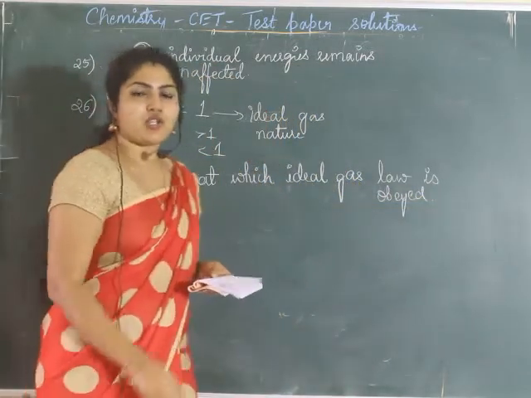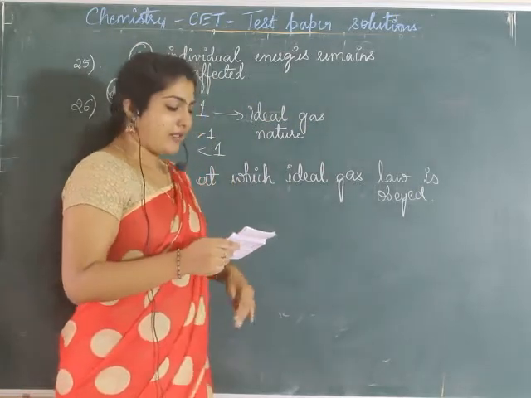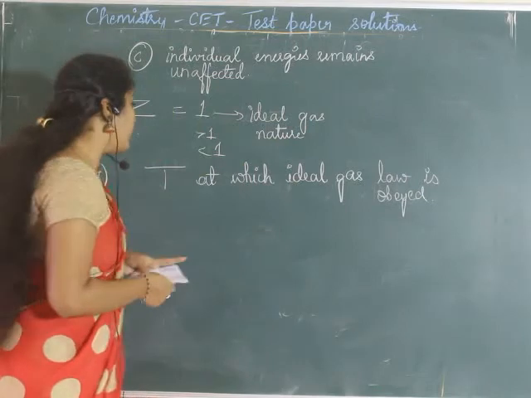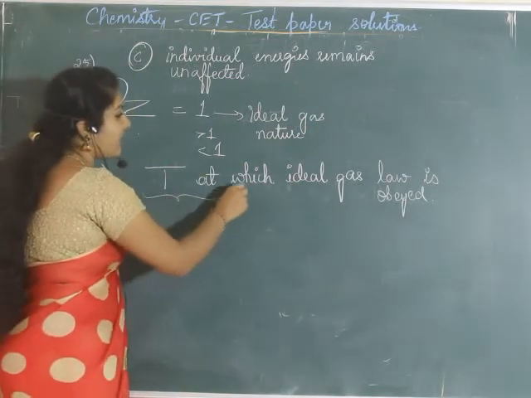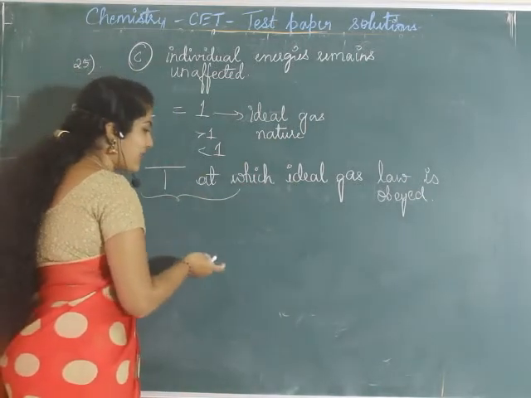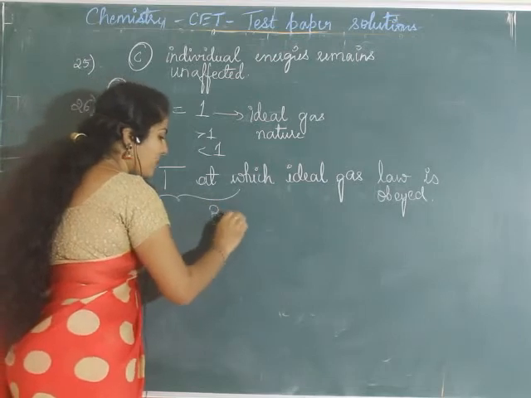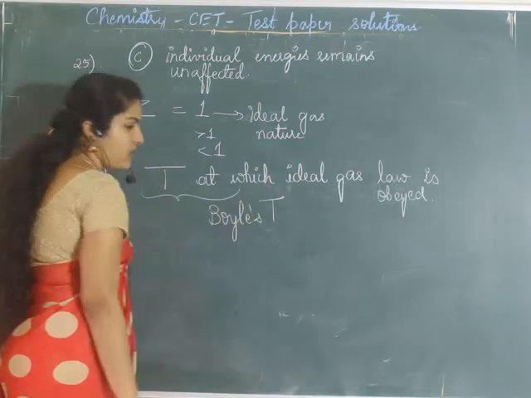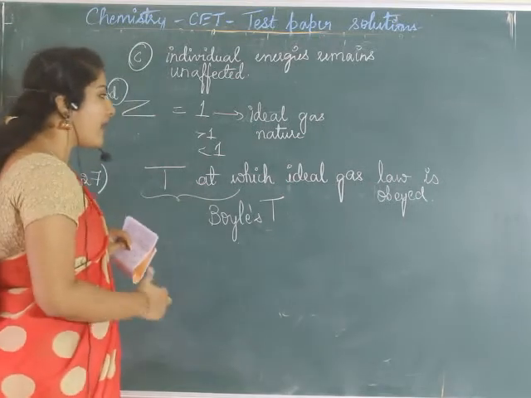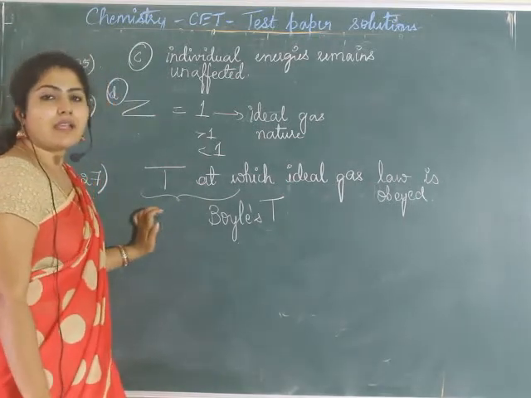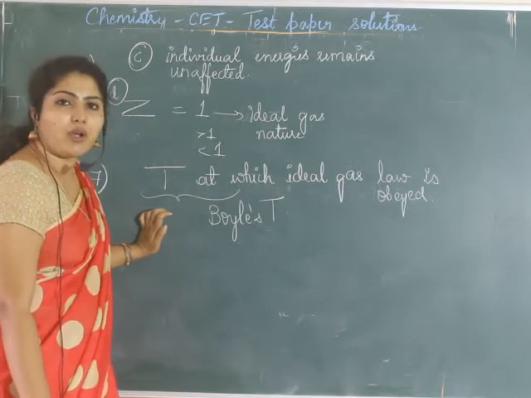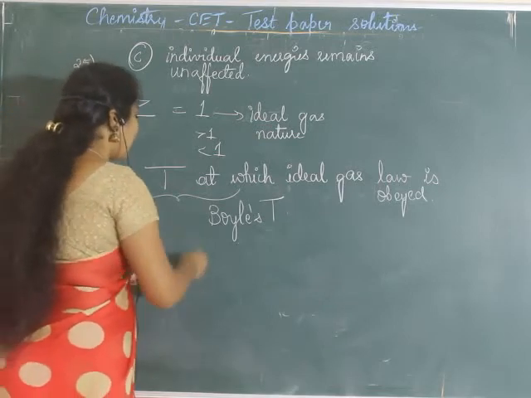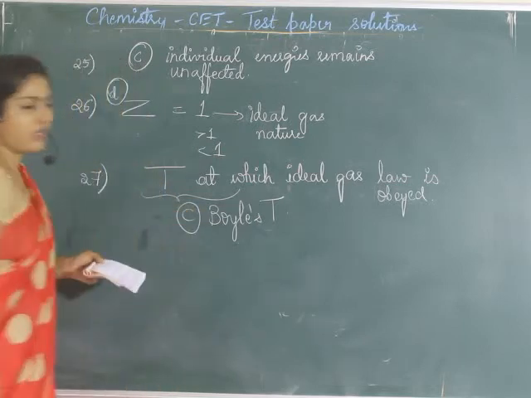The temperature at which a real gas obeys the ideal gas law, we call Boyle's temperature. That is the point where the real gas behaves like an ideal gas. So Boyle's temperature, C, is the right option here.